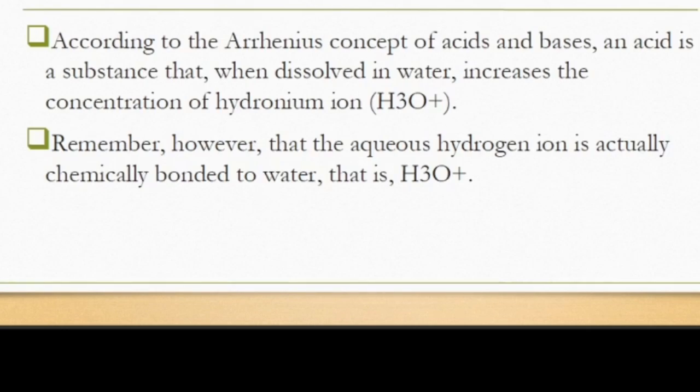According to the concept of Arrhenius, an acid is a substance that, when dissolved in water, produces hydrogen ion. That is how an acid produces hydrogen ion.